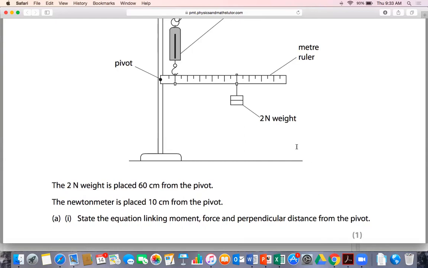Label the 60 cm. So draw an arrow and label the 60 cm, and then draw an arrow and note the 10 cm. Okay, try.